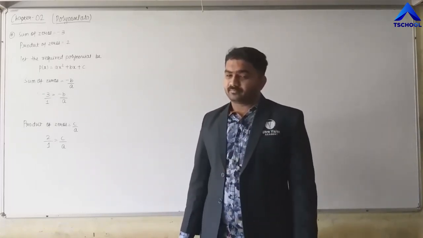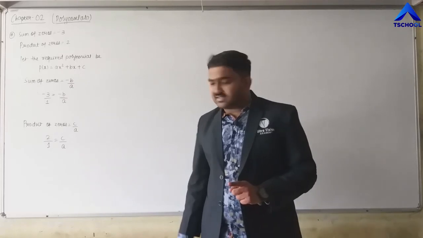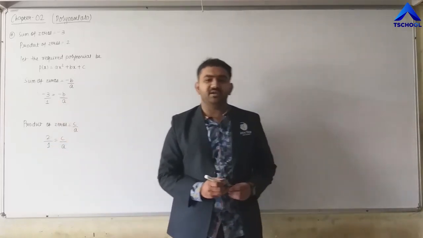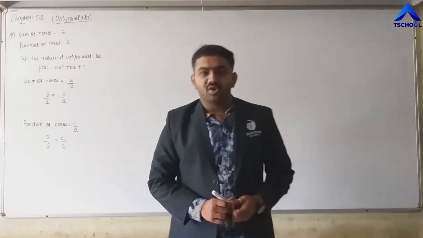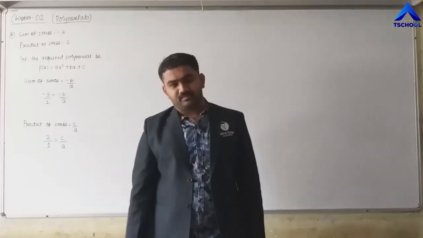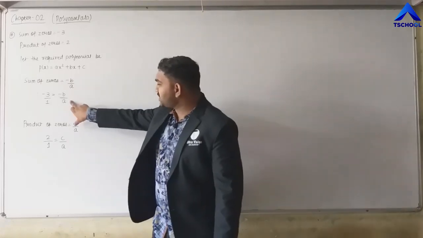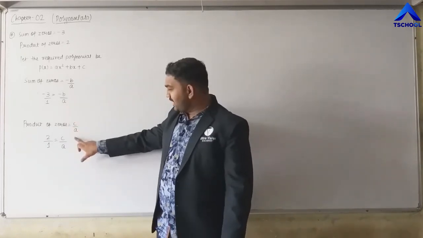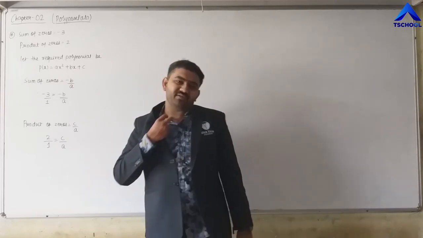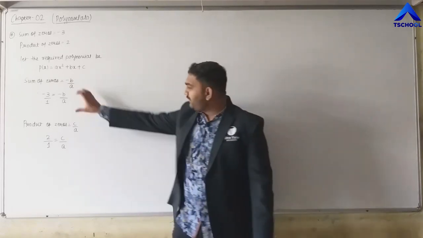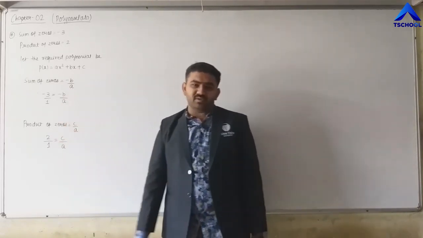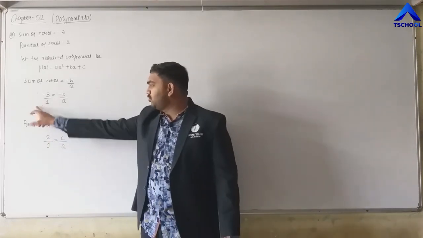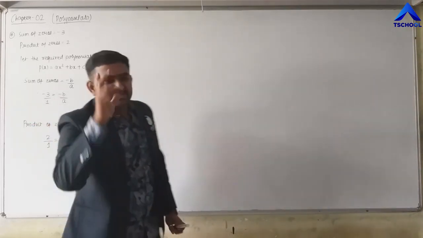This can only be done when the denominators of both the ratios are same. In b by a, that is minus b by a, we are having the denominator as a, and in c by a also we are having the denominator as a. So if it is a and a in the denominator in both cases, the denominators of the given values must also be the same.